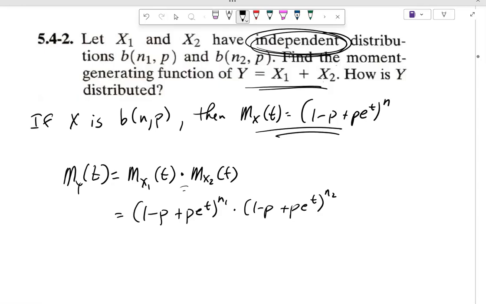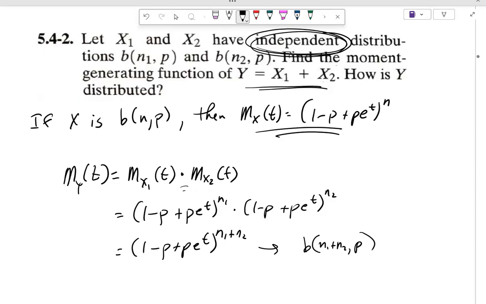Now that I have the same base, what can I do with the exponents? Add them. And now what is that the moment generating function for? What kind of distribution has that as its moment generating function? It's a binomial, right? What's the n value? n1 plus n2, and the p is the same p, right?